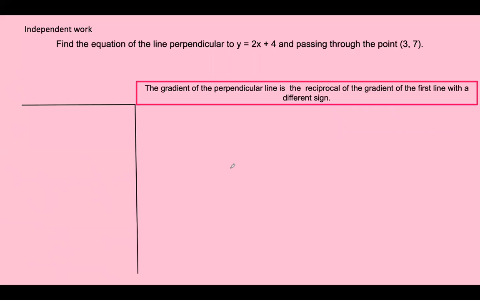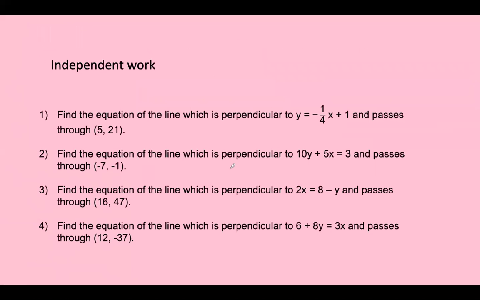And a little bit more work here. There you go, 4 more questions. The first one has a negative gradient, which means the gradient of the second line is going to be positive and a reciprocal, so it's going to be 4 over 1, so 4.